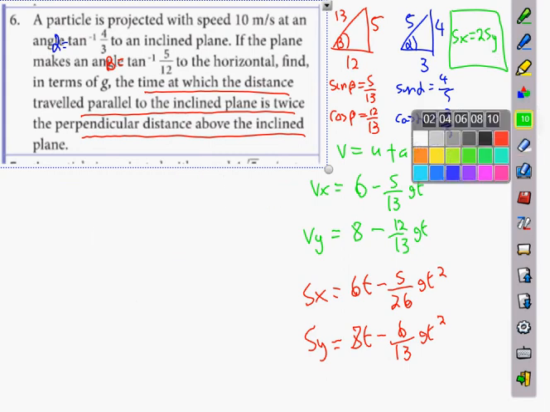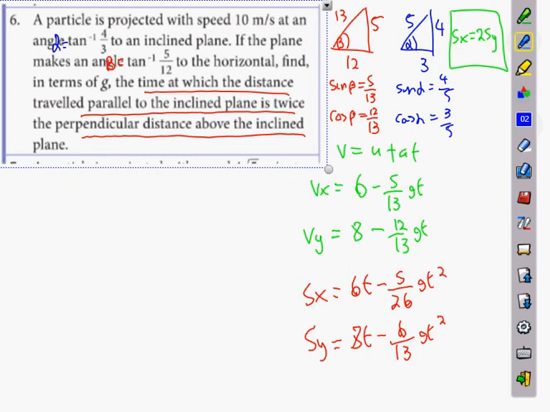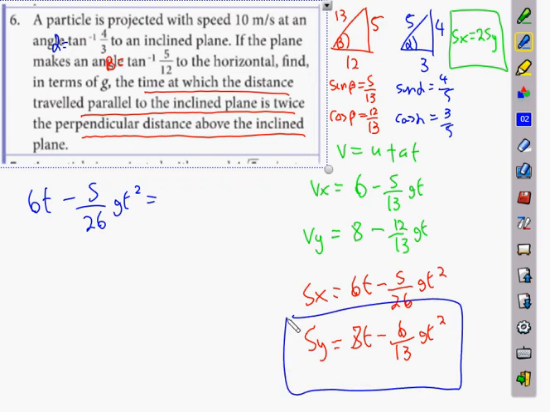So, what we're going to get is Sx is 6t minus 5 over 26 gt squared equals 2 times Sy. So I'm going to multiply everything here by 2.